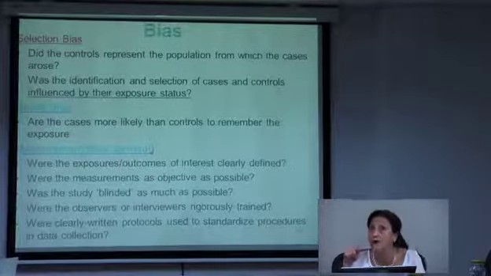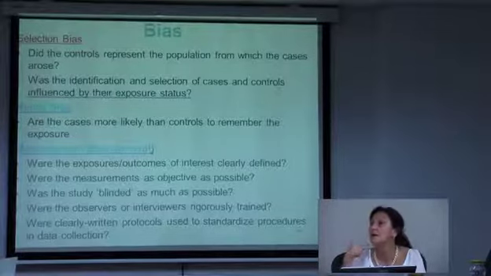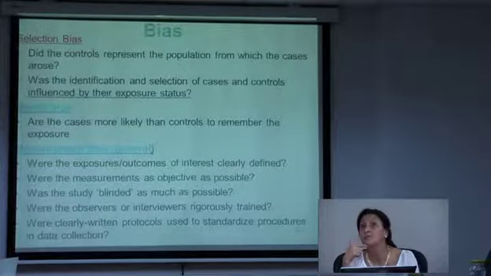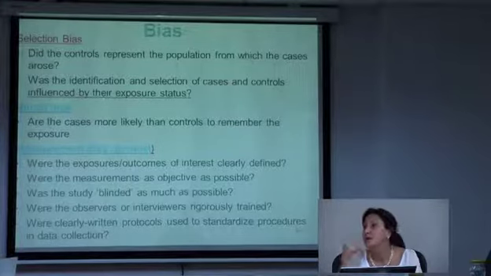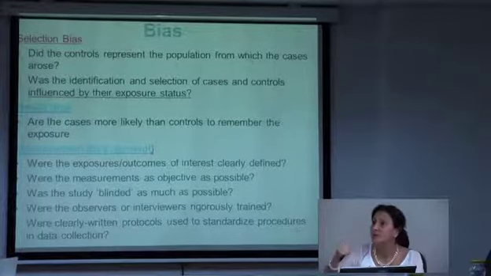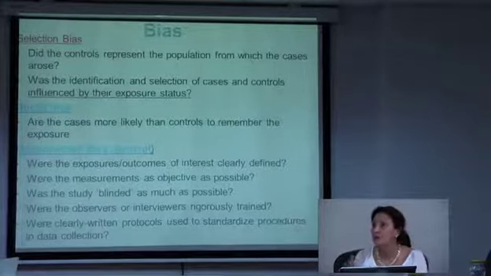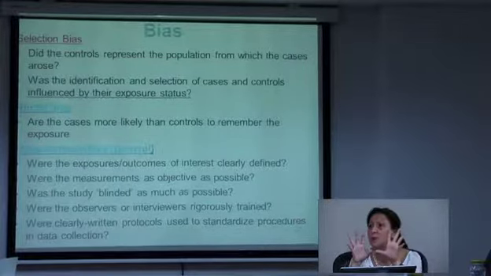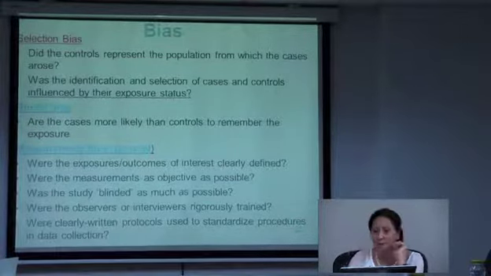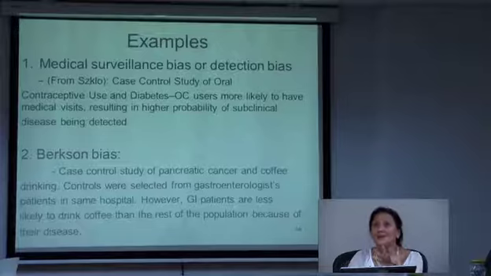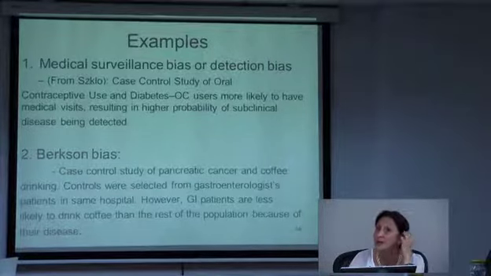It could be as well a bias in selecting a case. Maybe the case has been diagnosed as a case because of the exposure. These are what we call medical surveillance bias or detection bias, and they are examples of selection bias.